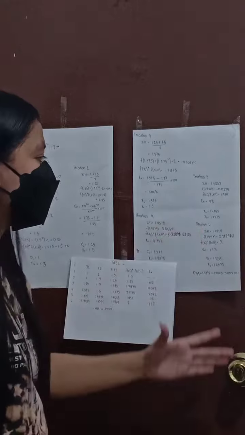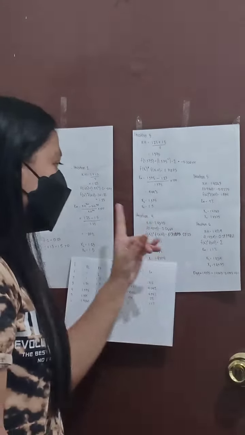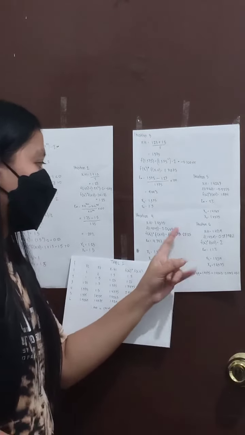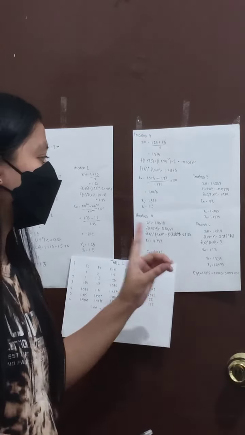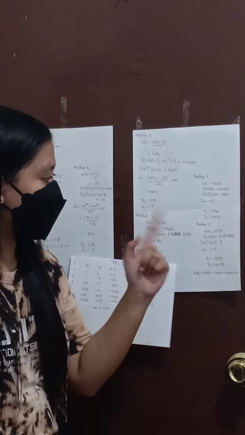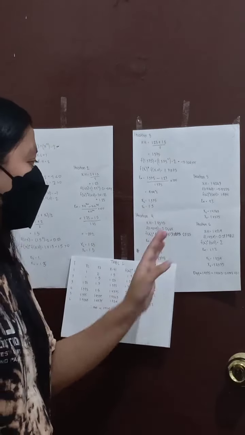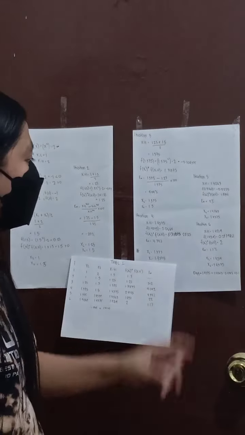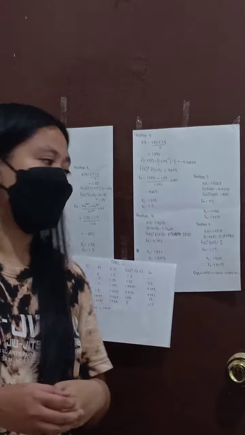So in iteration 6, same process. So xi plus 1 equals 1.4219, f(x) equals 0.2179961, then f(xl) times f(xi plus 1) equals 2. So the EA equals 1.1%.